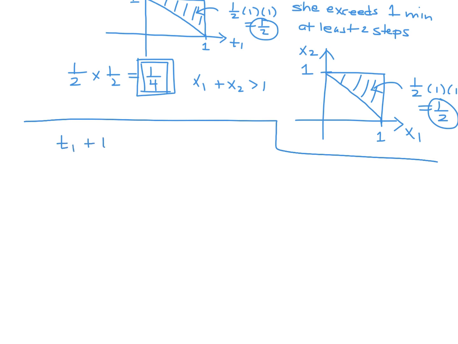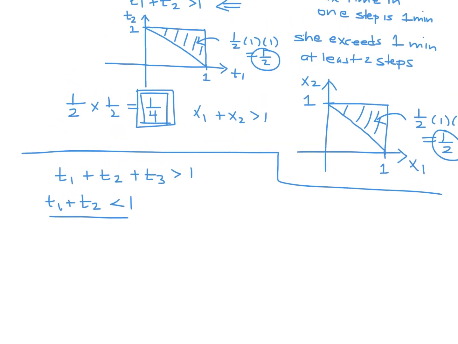So T1 plus T2 plus T3 is greater than 1. But that would mean that after 2 steps, you still have not exceeded 1, because on the 3rd step, you exceed 1 in terms of time. So this is going to be calculated with that triangle. It's basically this part right here. And that area would just be 1/2 base times height, which is a half.